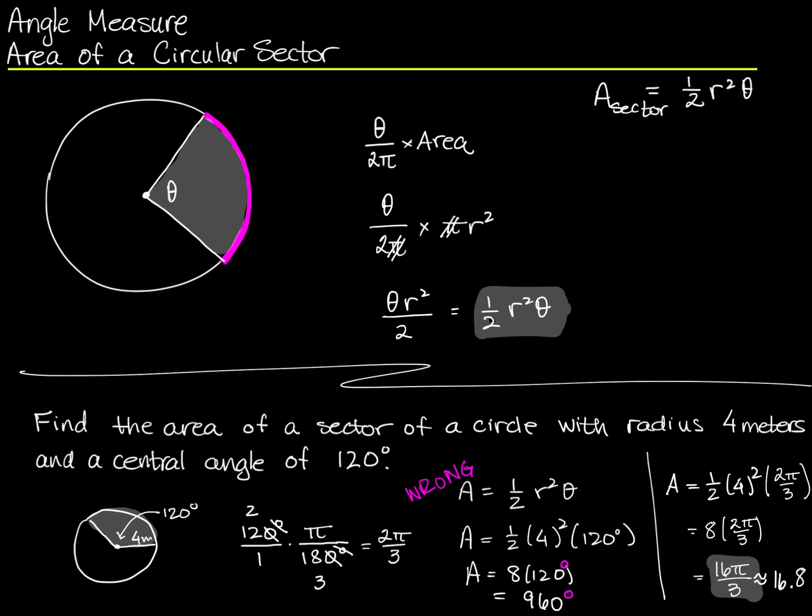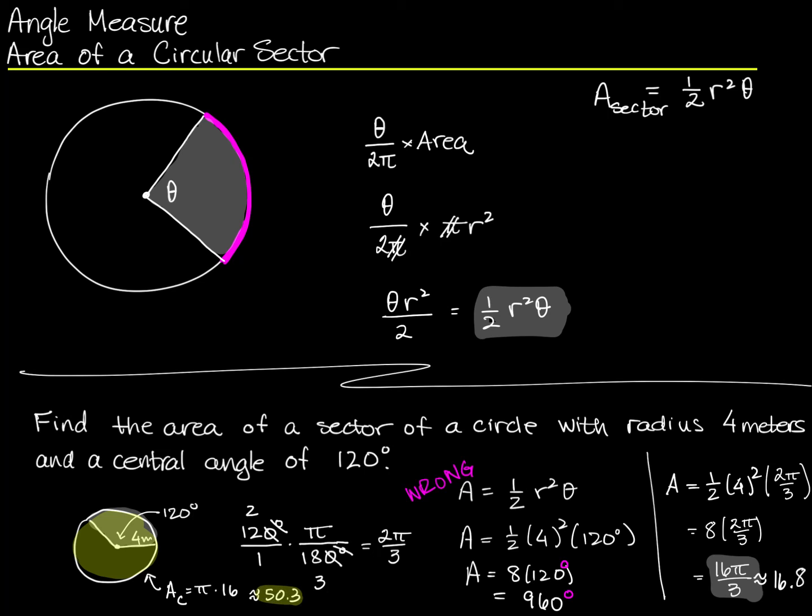If you think about it, the area of this entire circle is pi times r squared. That's 16 pi, which is roughly 50.3. That's the whole circle. The whole circle here has an area of about 50.